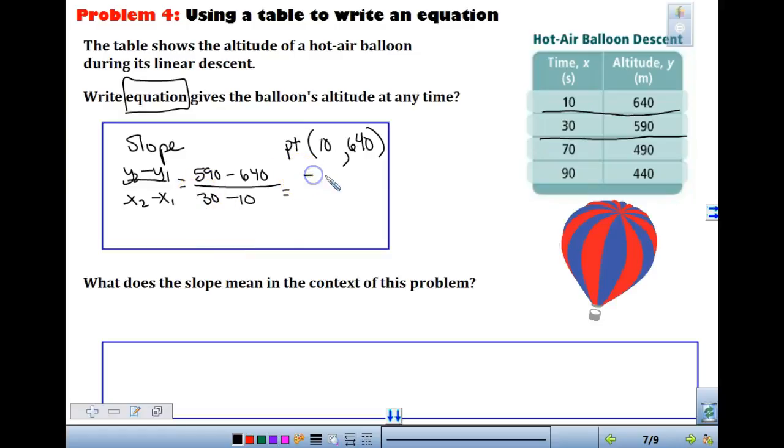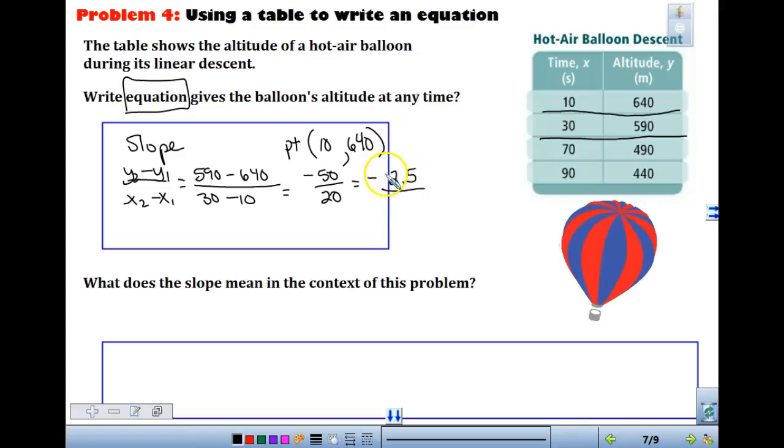A negative how much? Negative 50 over, so a negative 2.5.